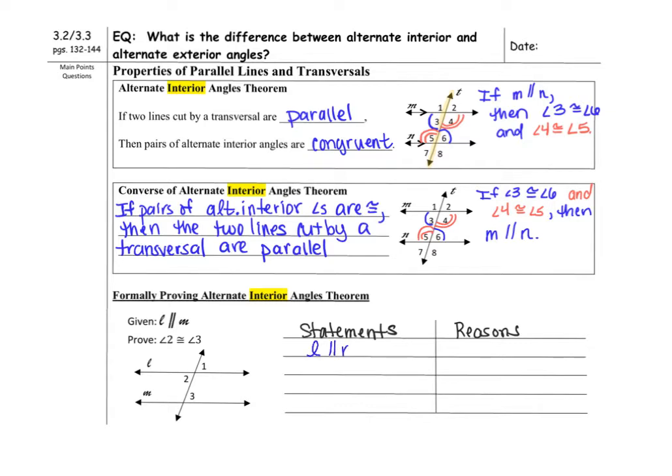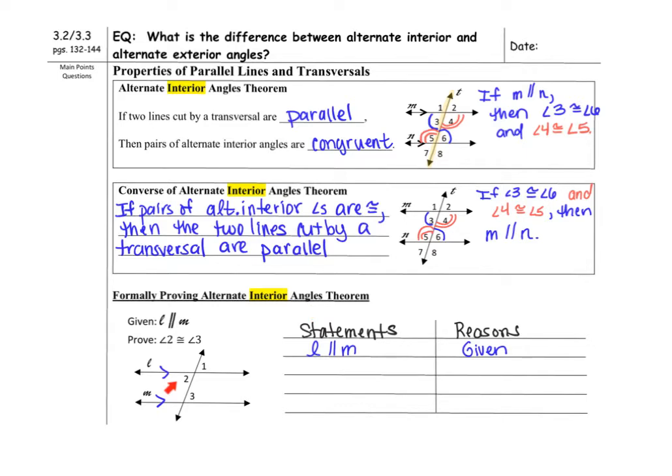You want to mark those on the diagram with arrows to note that they're parallel. Your reason is given. Normally, when proving the alternate interior angles theorem, we don't use the theorem in our proof. So we want to think of other angle relationships in the diagram.